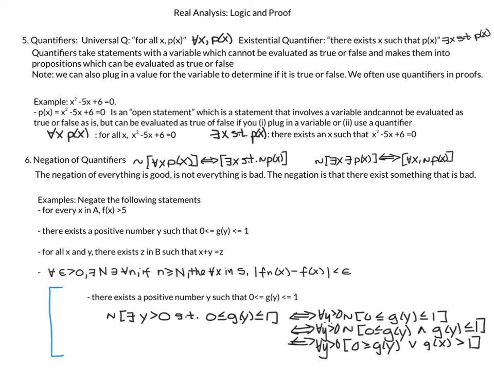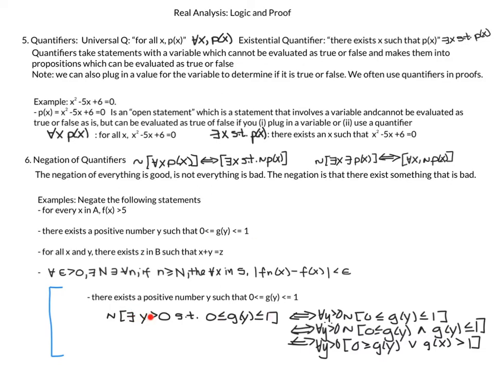The next problem is to negate there exists a positive number y such that g of y is between 0 and 1. So I wrote this again. So there exists y greater than 0 such that g of y is between 0 and 1.